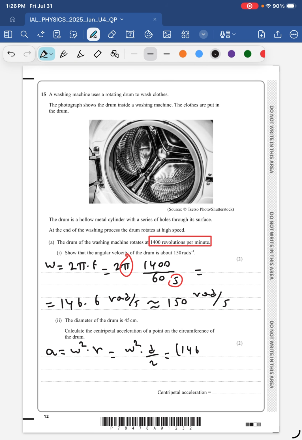So we have 146.6 squared, seconds to the minus 2, but I'm going to write it in the end, times 0.45 over 2, in meters per second squared. So that gives us 4,836.1 meters per second squared. All right.